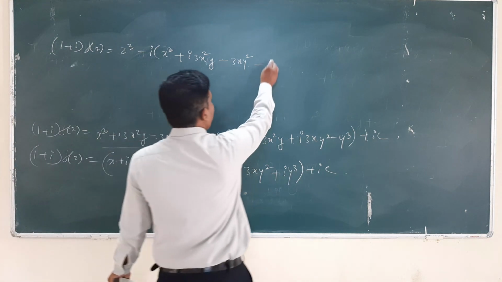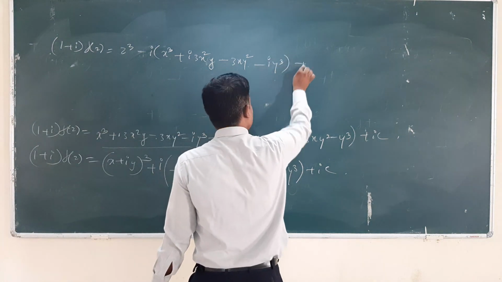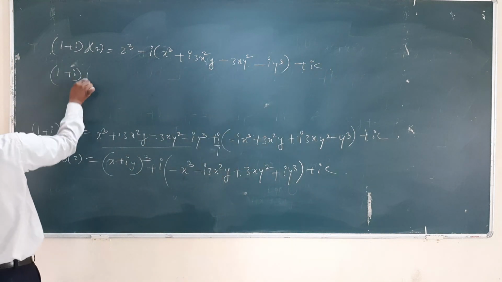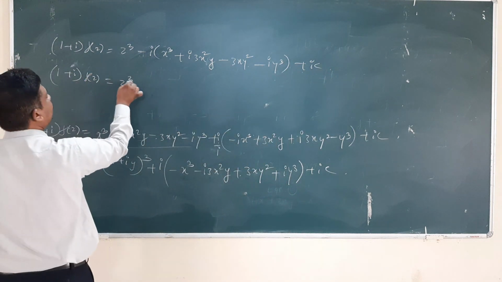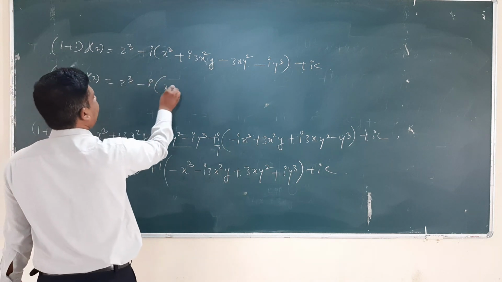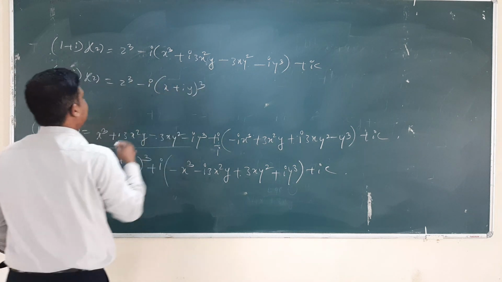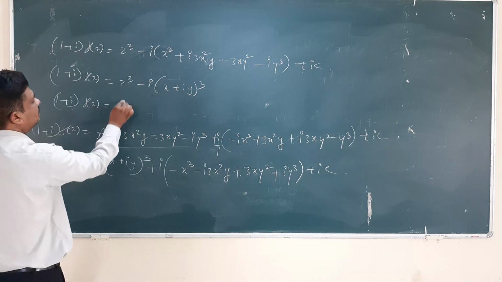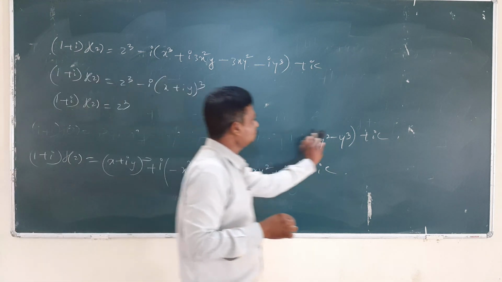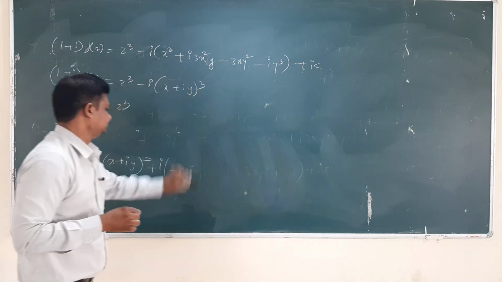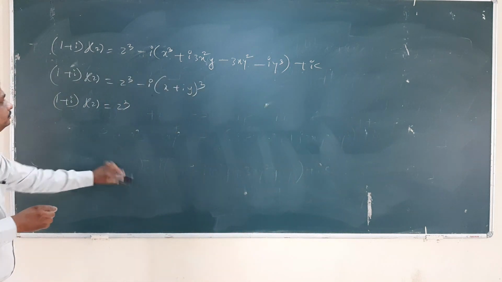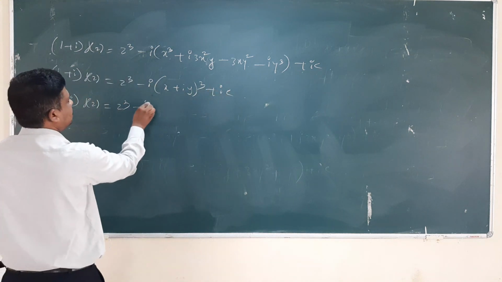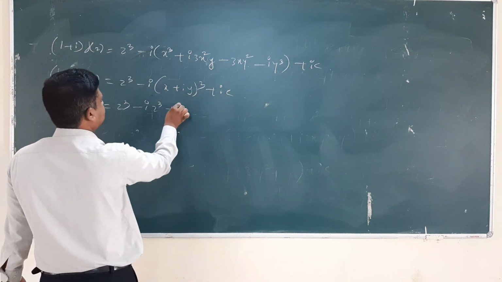So now this becomes minus i y cube plus i into c. So (1 plus i) into f of z, minus i into z cube, again in the form of (x plus iy) cube, plus i into c.